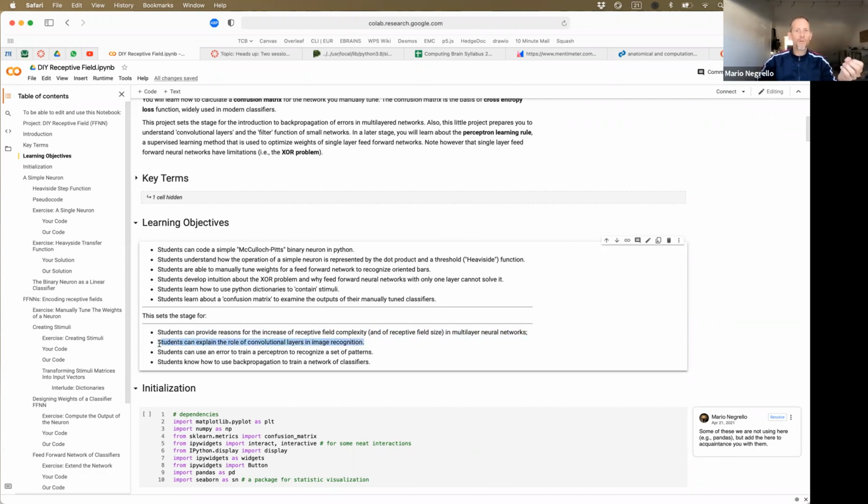You will be able to explain the role of convolutional layers in image recognition. And in fact, you could probably even do it now. The idea is that you're pre-processing to extract some features, and you're doing this periodically over the entire input set.